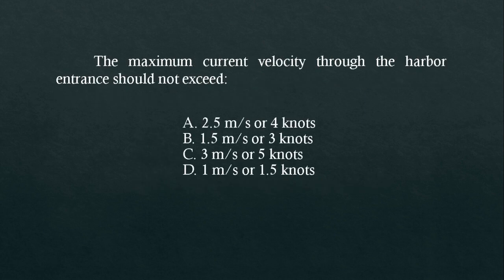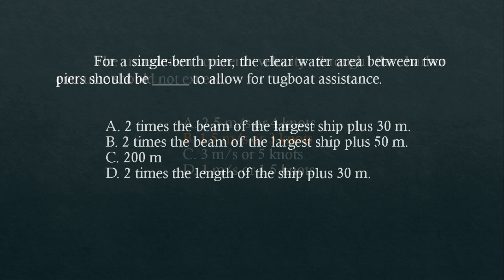The maximum current velocity through the harbor entrance should not exceed For a single berth pier, the clear water area between two piers should be to allow for tugboat assistance.